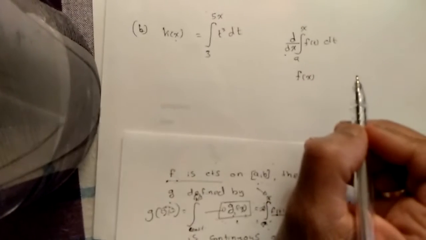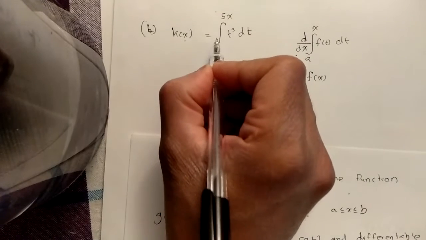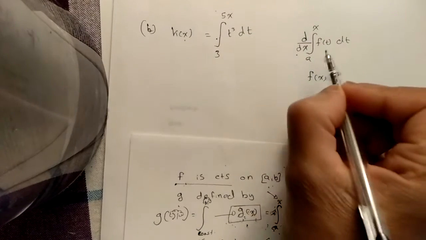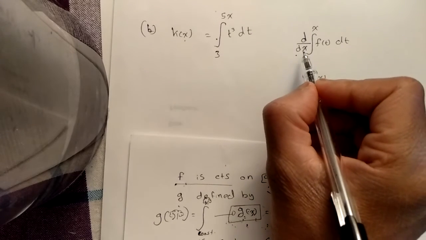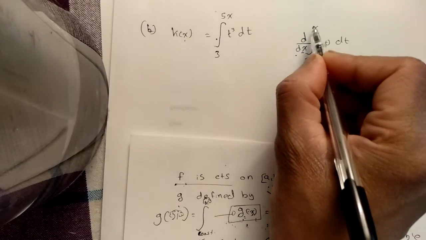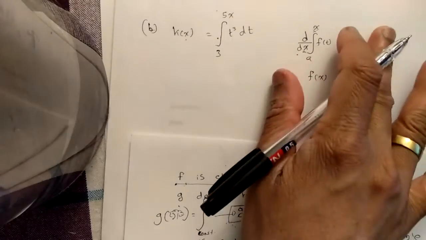Okay, so accordingly, how can we do this problem? Now see, the important point that I want to highlight is you should have the same variable notations in here as well as in the upper limit.